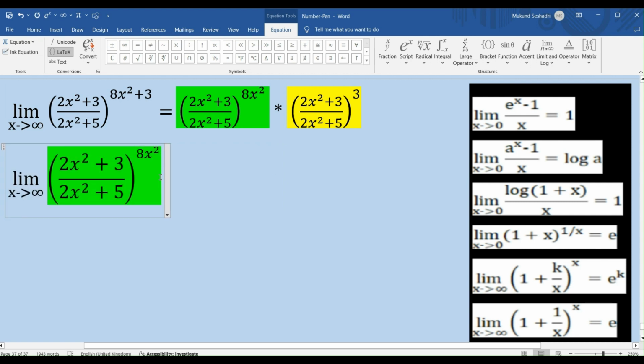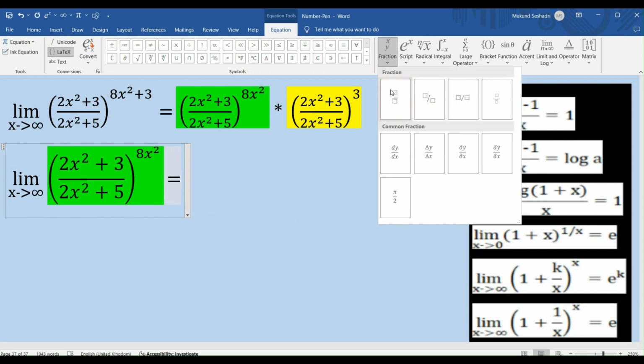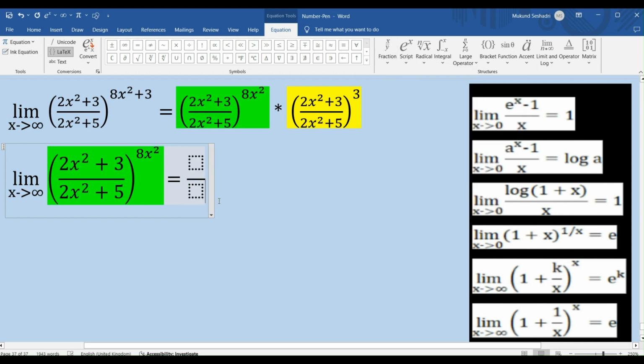So I think we can further break this expression, right? Look at the numerator part of it. It's 2x squared plus 3, the whole power 8x square, and the denominator is 2x squared plus 5, the whole power 8x square, right? So I'm going to break this further, and I'm going to write it like this, right?